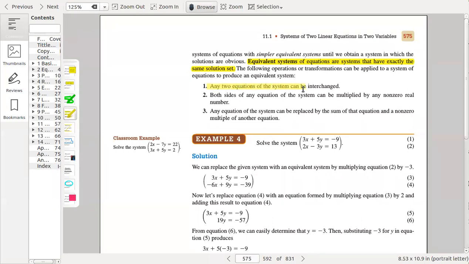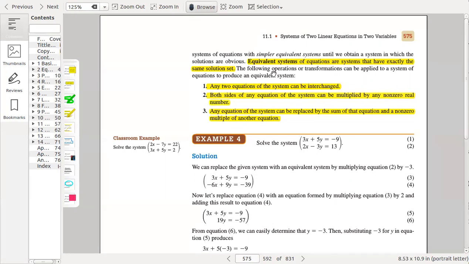So these are actually the transformations or operations which can be applied to find an equivalent system. Number two, both sides of any equation of the system can be multiplied by any non-zero real number. And number three, any equation of the system can be replaced by the sum of that equation and a non-zero multiple of another equation. So these three steps are called transformations.